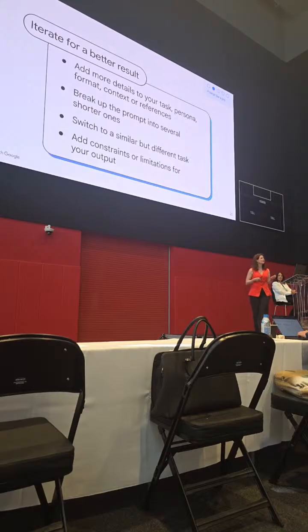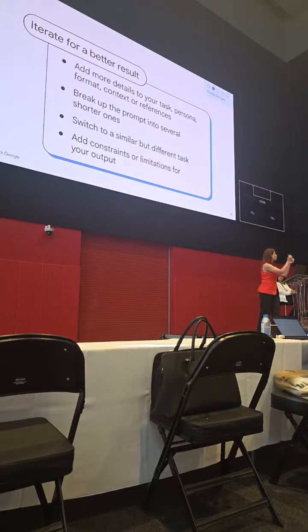There are lots of different ways to do that. The first thing you could do is go back and look at those five ingredients. Am I missing anything? Do I need to clarify anything? You can just try to tweak your prompt that way. Another thing you can do, and I know I just said more is more, but sometimes with an AI tool, if you throw too much at it all at once, it can kind of bog down.